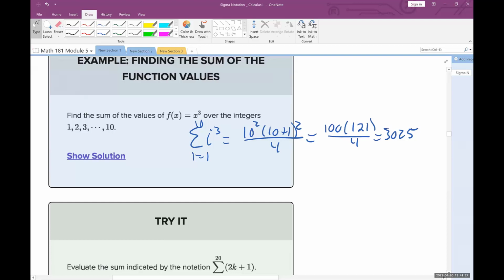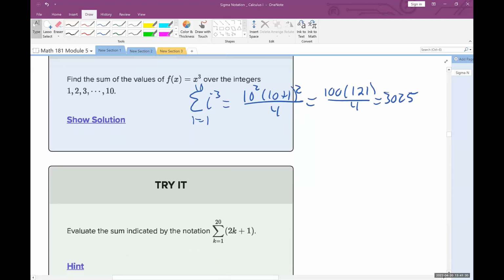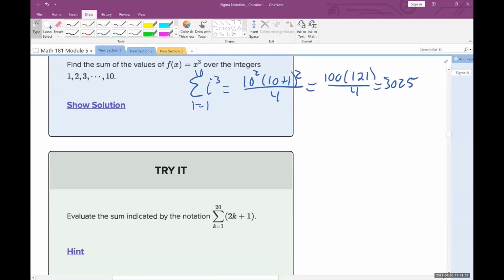We got 2 more I want to do in this section. We have another sum. This time they indexed it with a k instead of an i. So k equals 1 to 20 of 2k plus 1. So how would you break that up? Two times the sum over k, go ahead, 20.